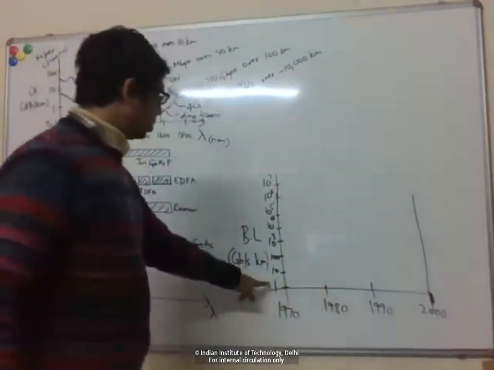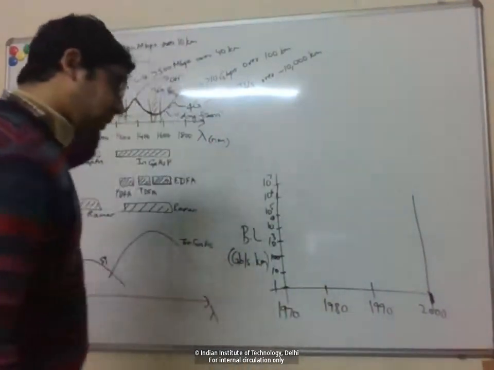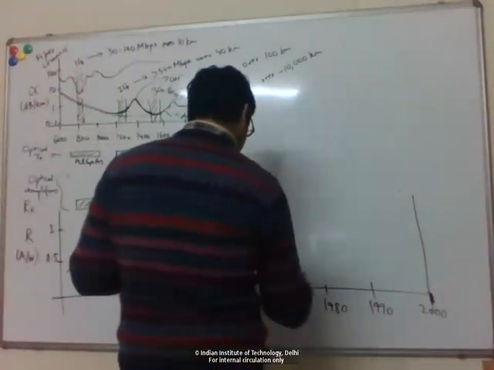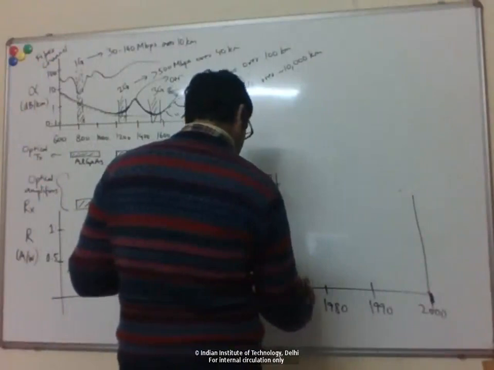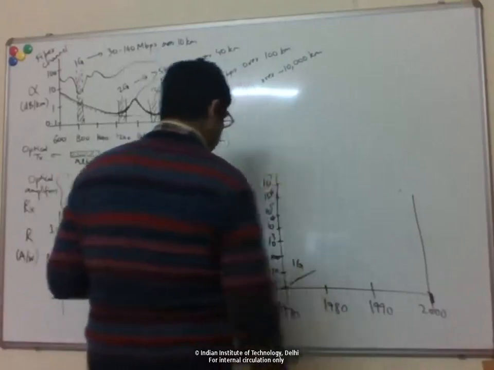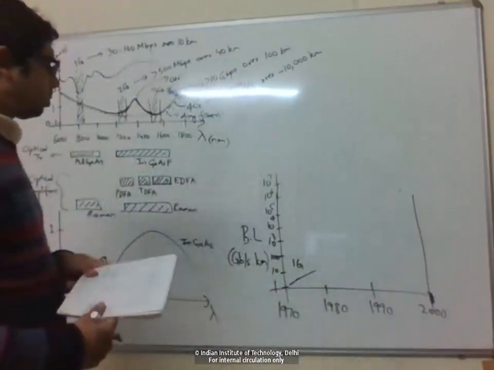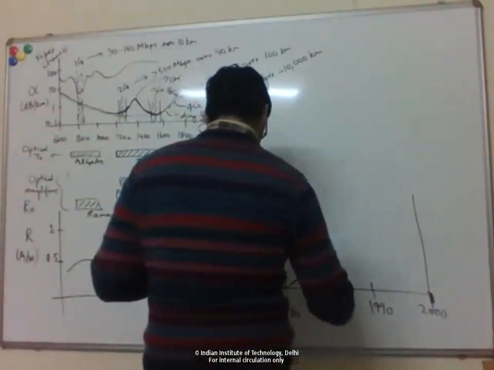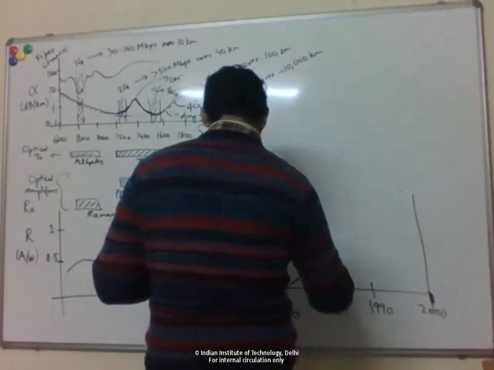Okay, it goes from 1 to 10 to the 7, right? 7 orders of magnitude. So the first generation systems were somewhere here, so 1970s, right? So it was here somewhere. Second generation systems went like that.